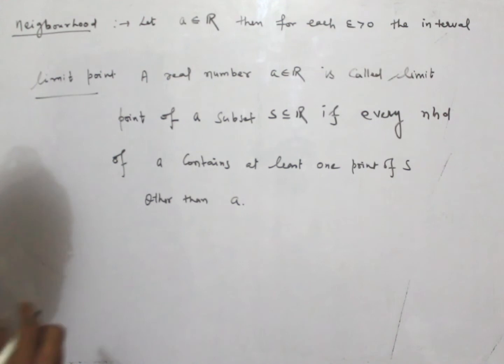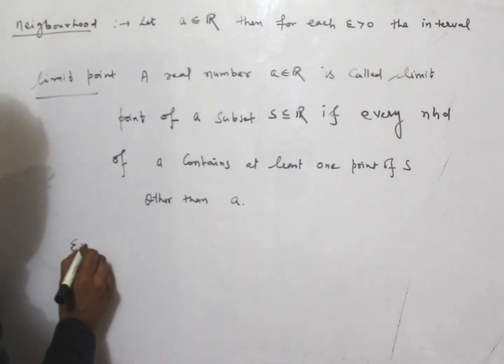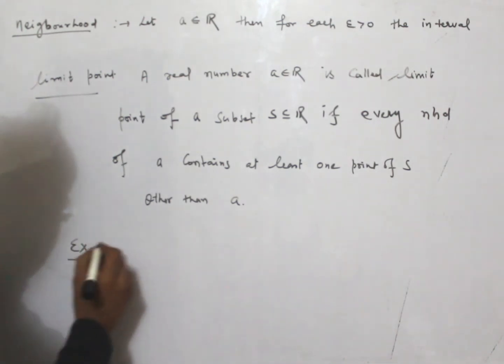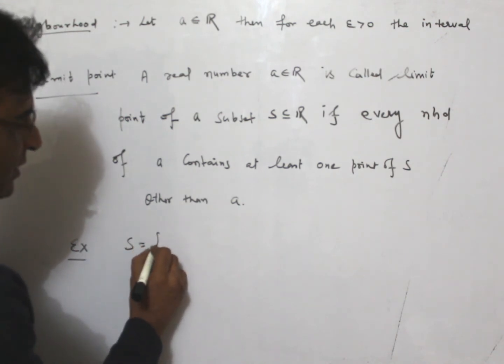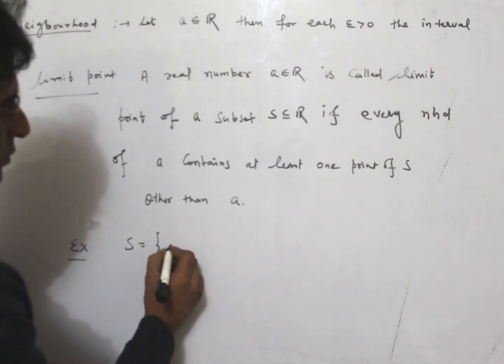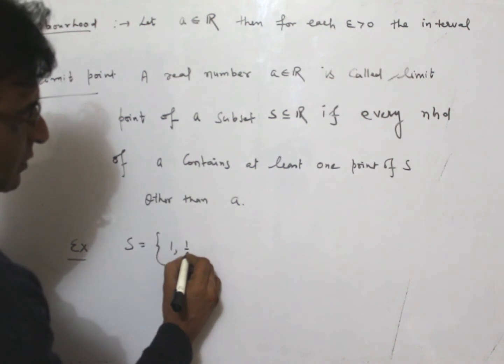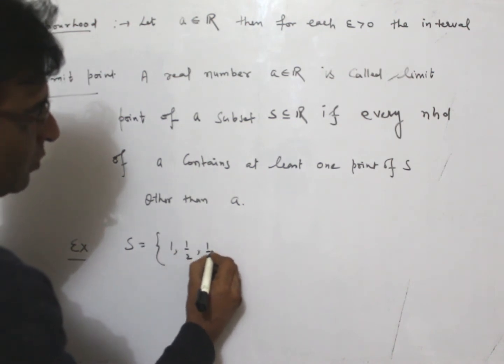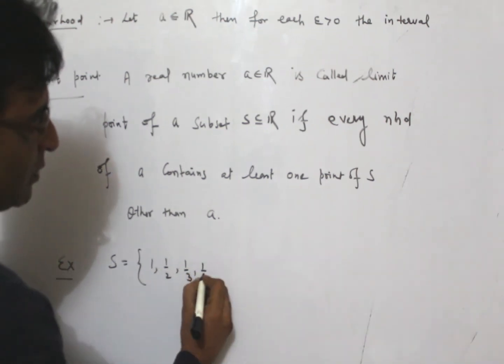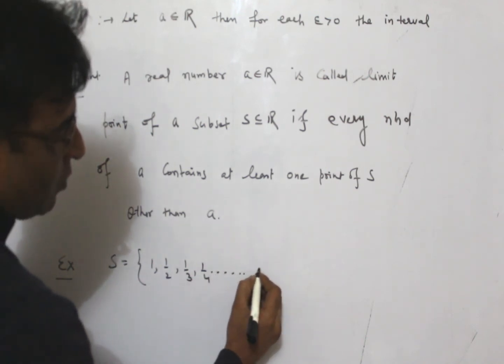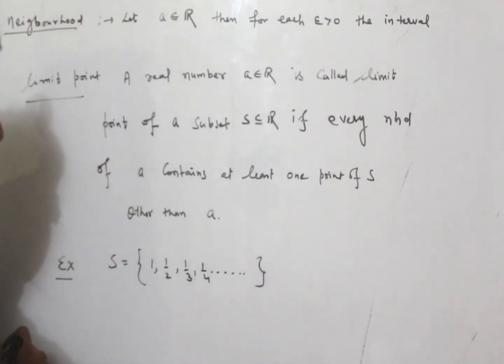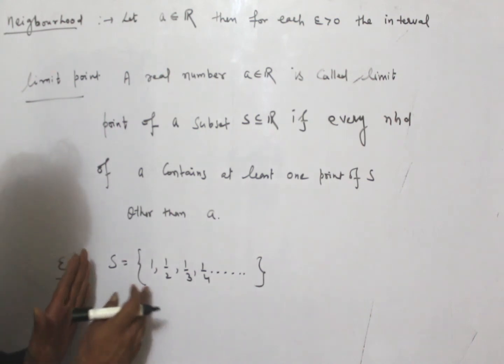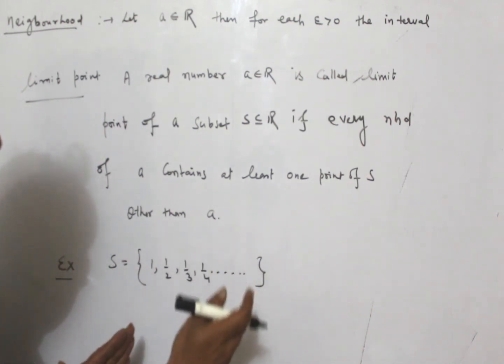For example, now we come to the example. Suppose S is the set 1, 1 by 2, 1 by 3, 1 by 4, and so on. The elements of this set tend to 0.